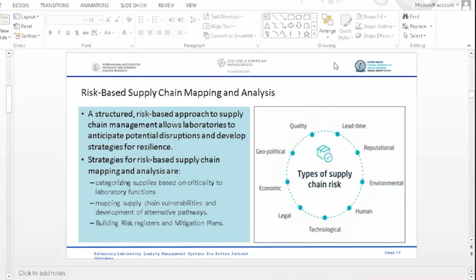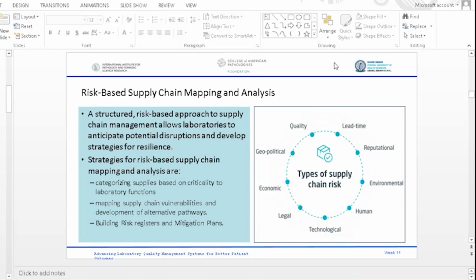Another one is mapping supply chain vulnerabilities and development of alternative pathways. Here you can identify potential failure points in sourcing, transportation, storage, and supplier reliability. This will enable the development of alternative pathways.